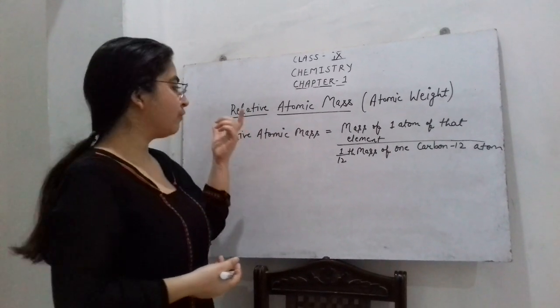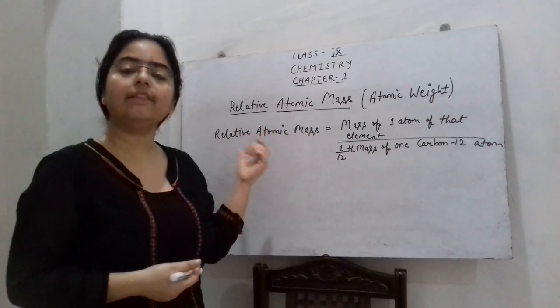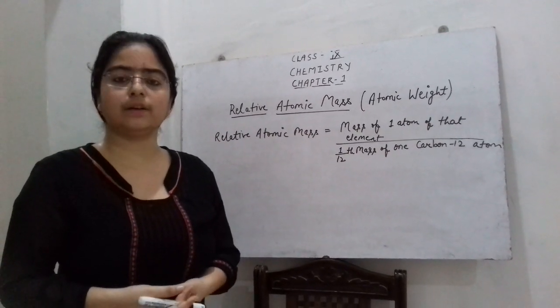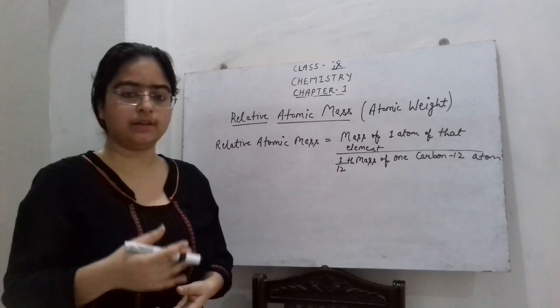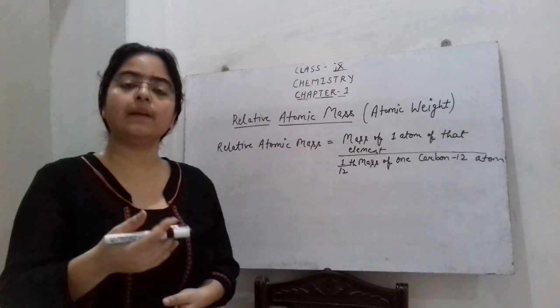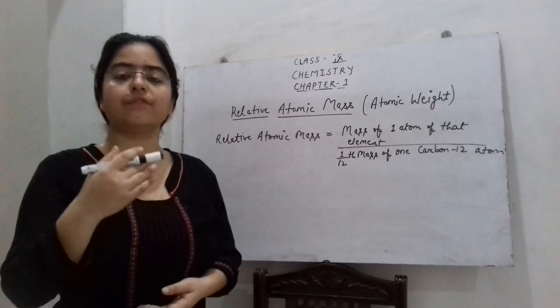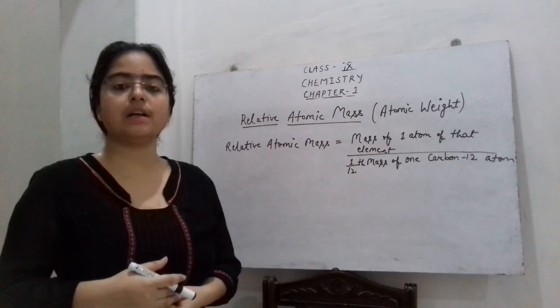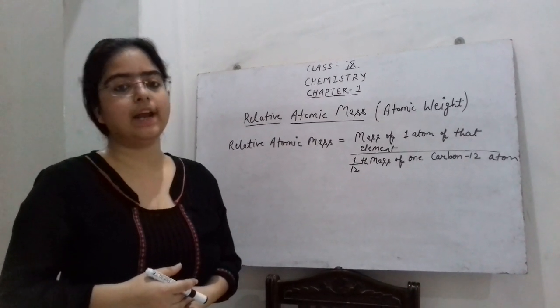So finally we can say that relative atomic mass of an element is the number of times one atom of that element is heavier than 1/12 mass of a carbon 12 atom.